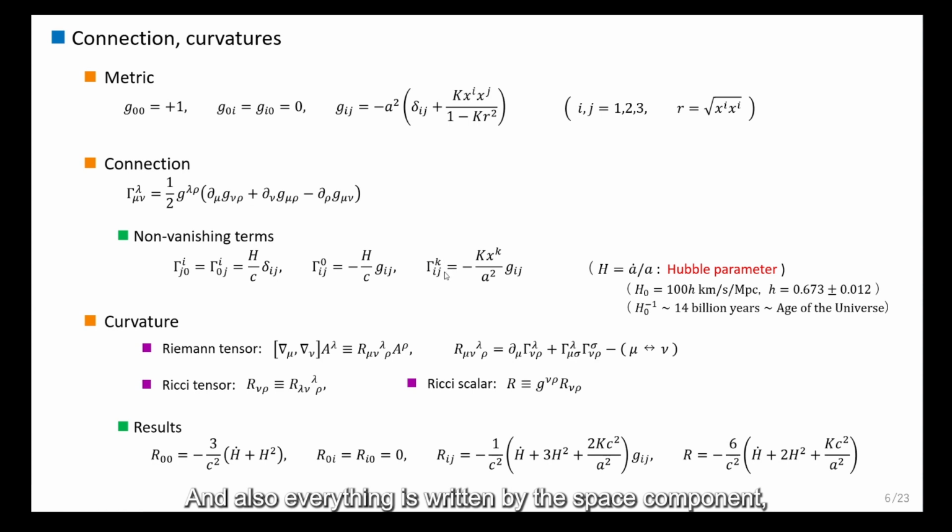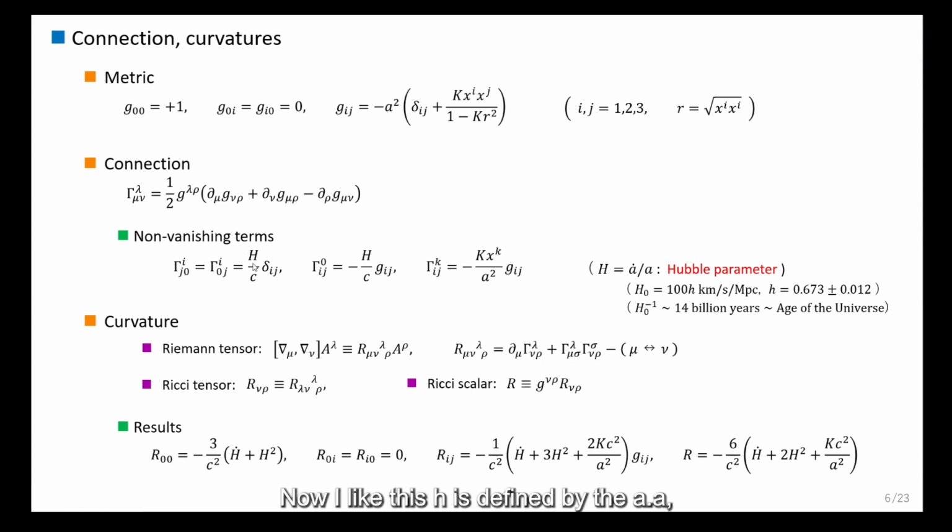Everything is written by the space component. Then it also gives this part. If you consider flat space, I mean k equals 0, then this part becomes 0. So if k is 0, only this part remains.